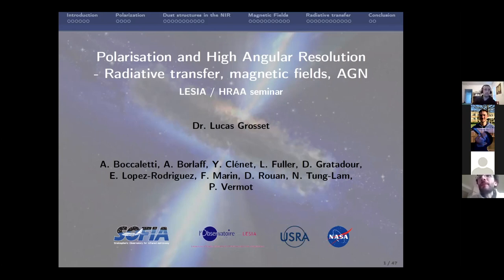Okay, so in the centers of galaxies group of the high angular resolution pole, and now he's a postdoc since 1 year, in NASA Ames, working on the SOFIA experiment. So today, Lucas will tell us about polarization and high angular resolution, radiative transfer, magnetic field, and AGN.